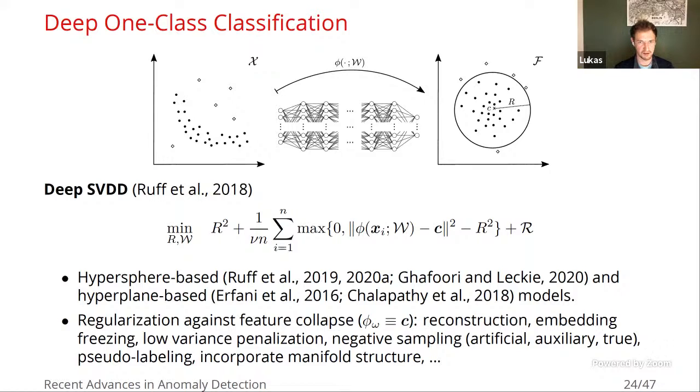So to have this minimum volume enclosing sphere in the output space and learning the neural network on this objective, aiming to fit most of the data in a very small space, and by this detecting anomalies by falling far away or outside of the space.